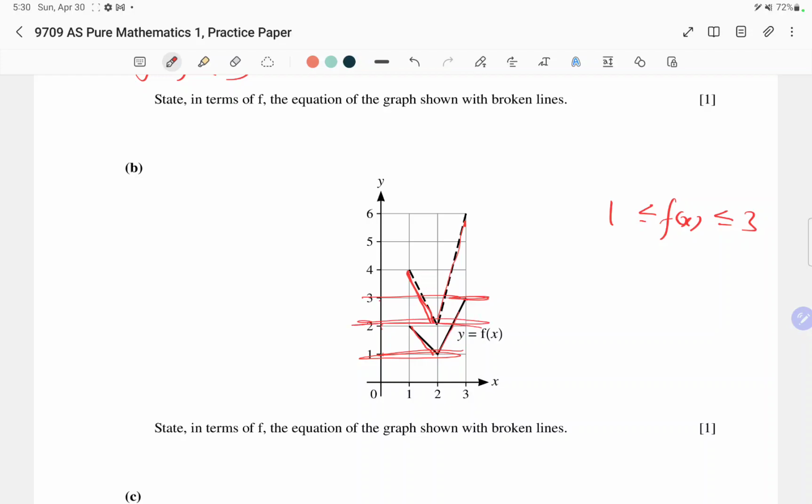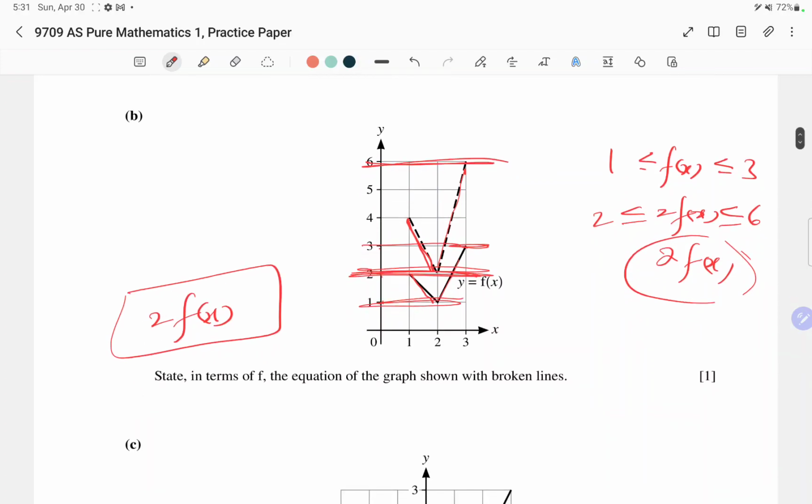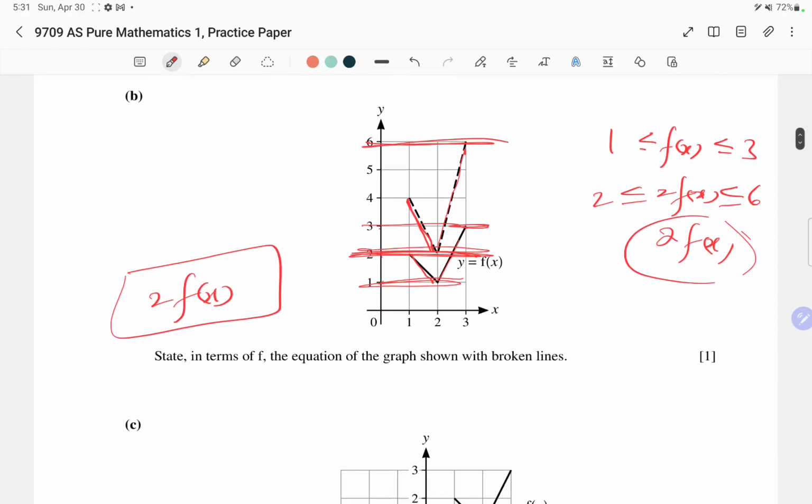But this part is 2 to 6, right? So can you multiply by 2? So this is 2f(x), so it means this is twice. Okay, the range will be double. Yeah, that's it. So this is 2f(x) only. So the range is multiplied by 2.